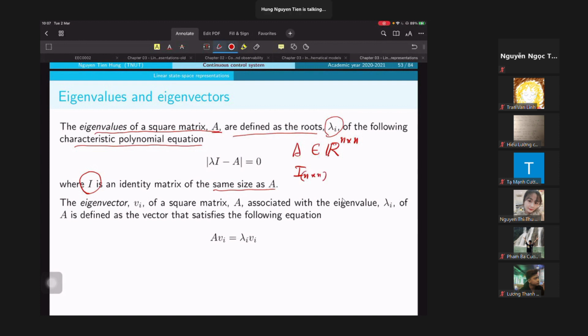It doesn't matter, because we already know the identity matrix. So this is the definition of the eigenvalues.